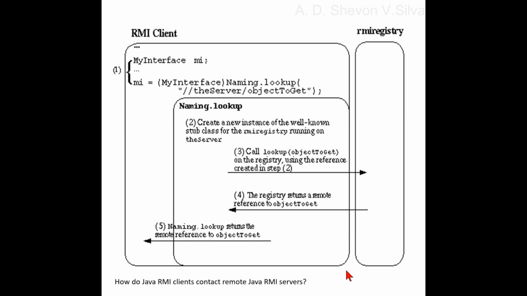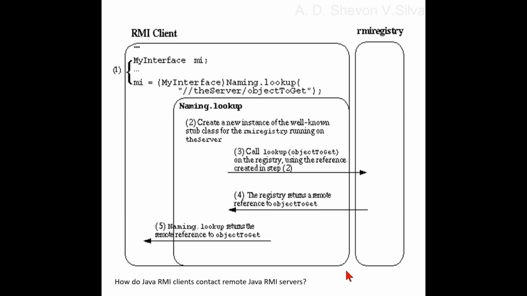A Java program that acts as an RMI server contains an exported remote object. A Java RMI client is a program that invokes one or more methods on a remote object in another virtual machine.